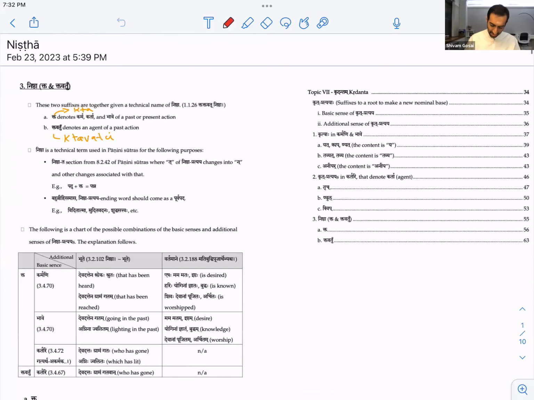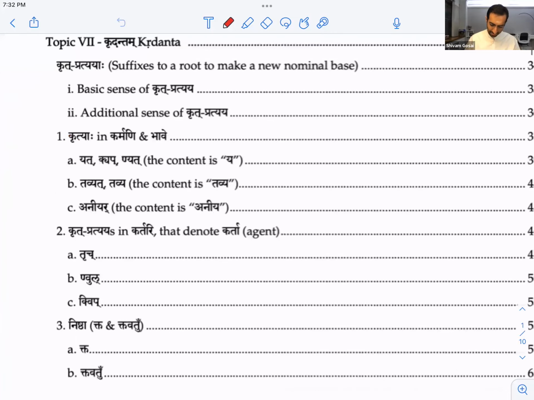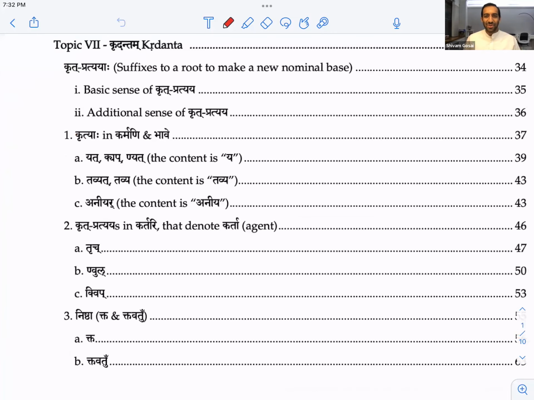All right, let's start at the beginning. Welcome. So we're here in the Kṛdanta section, having seen three major sections of Kṛdanta, right? Each having a basic sense and an additional sense. First we saw Krityaha in Karmani and Bhave.